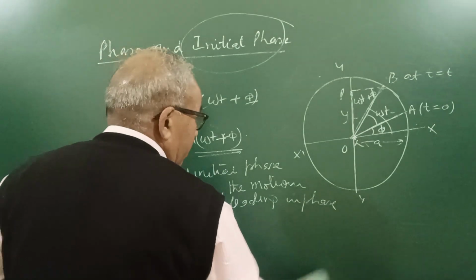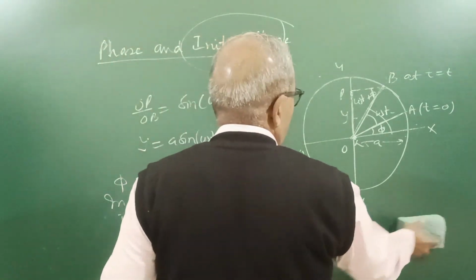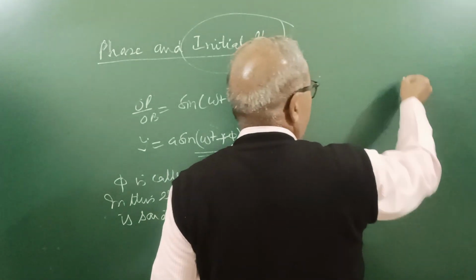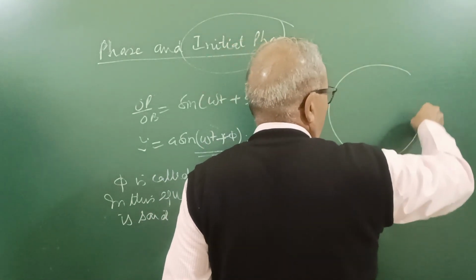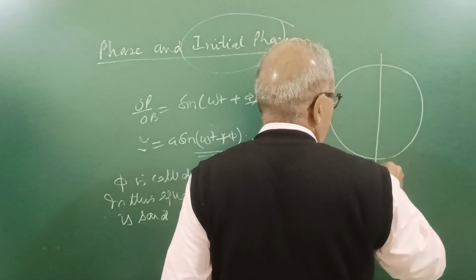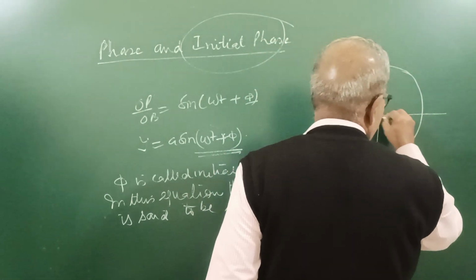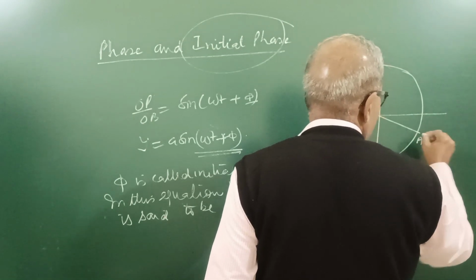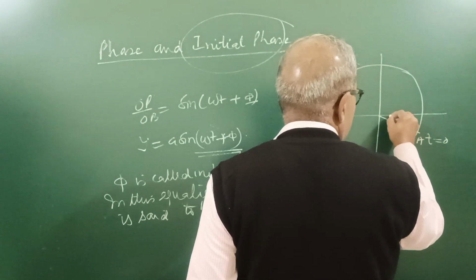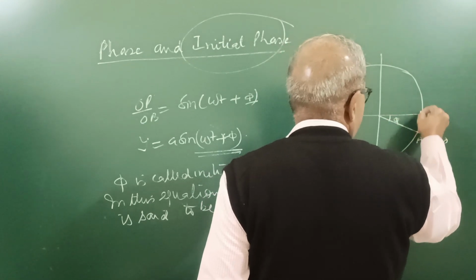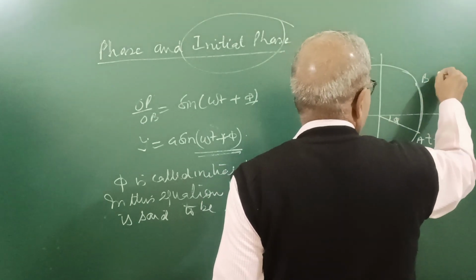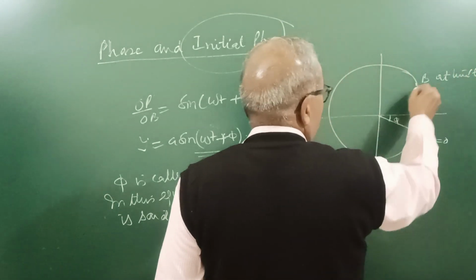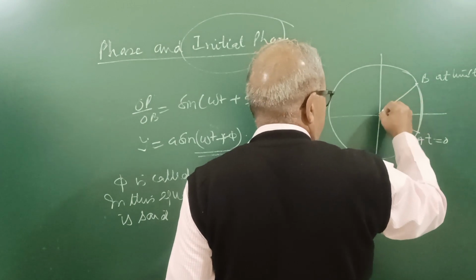Now, another way: the particle may not be ahead of here. The particle may be here at t equal to 0, at A here, and this angle is phi. Then it will turn. Suppose it goes to point B at time t. So this is the angle turned.